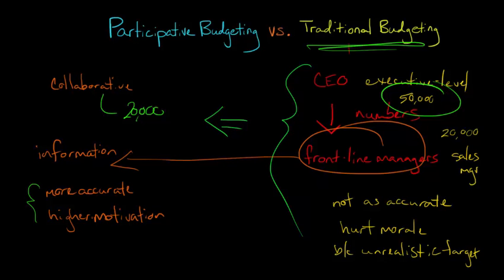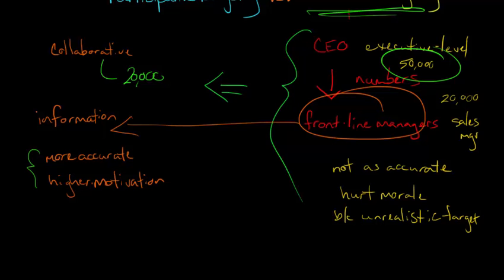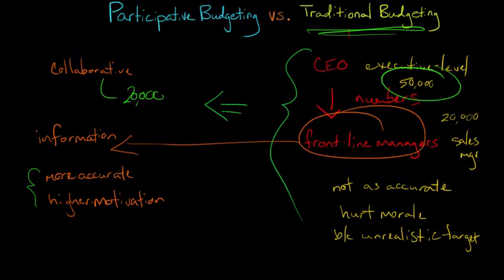It seems counterintuitive, and there's a major reason that, let me just scroll down a little bit, there's a major reason that traditional budgeting, so to speak, is still around, and that's the idea of budgetary slack. Right? This is a major issue, major challenge with participative budgeting: budgetary slack.